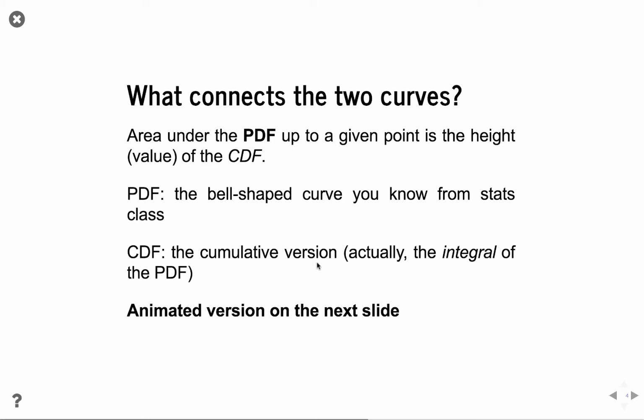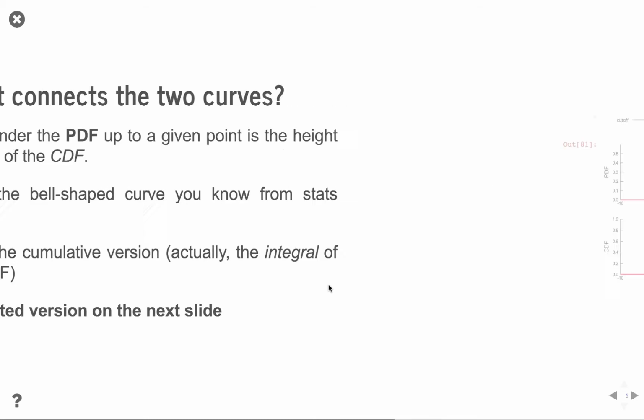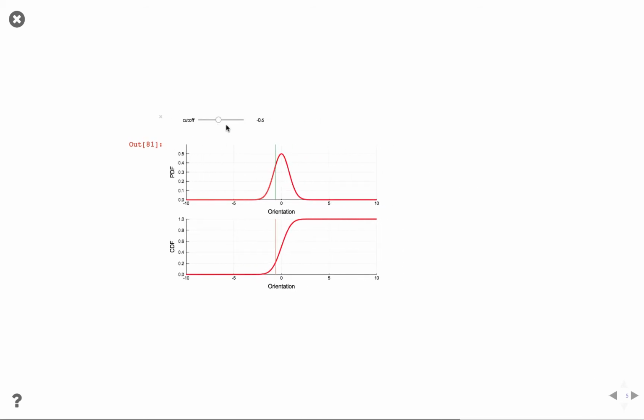The cumulative version is actually the area under the curve up to a certain point. So let me illustrate to you how this works. Okay, so if we imagine this cutoff point that I can map here, if we go to the location 0 here, where this curve has a mean of 0, so it's centered at 0, if we think about the area under the curve up to that point, that's half of the area underneath the whole curve, and you can see that that translates into the y height of the cumulative distribution function on the second curve.